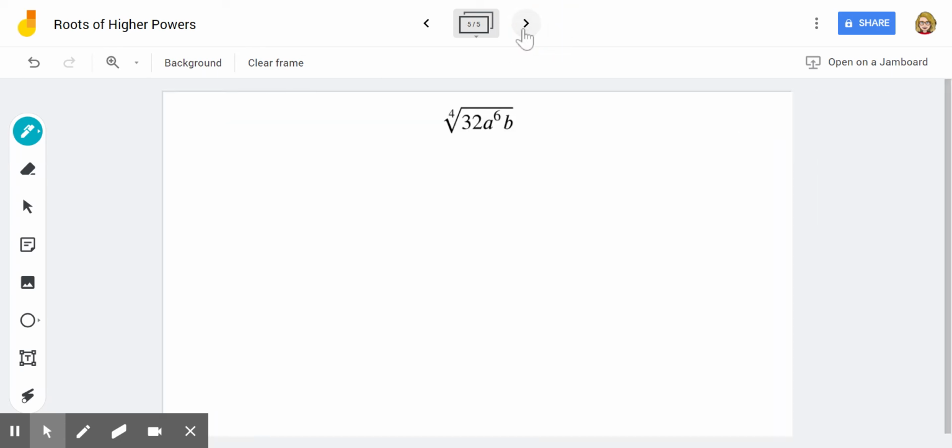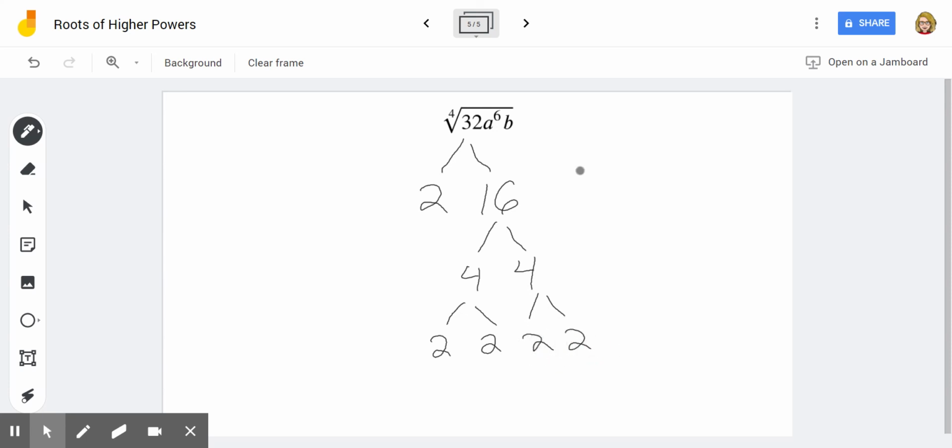Okay, let's do the final example. So I have a fourth root this time, the fourth root of 32. So I can break down 32 into 2 and 16. 16 I can break down into 4 and 4. And 4 into 2 and 2 and 2 and 2.